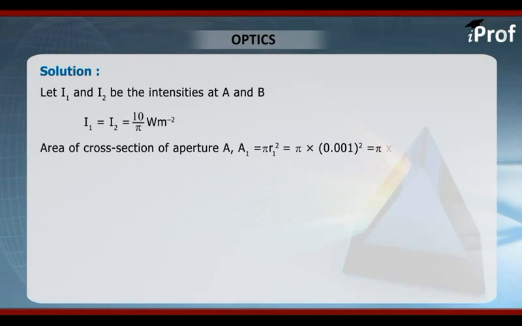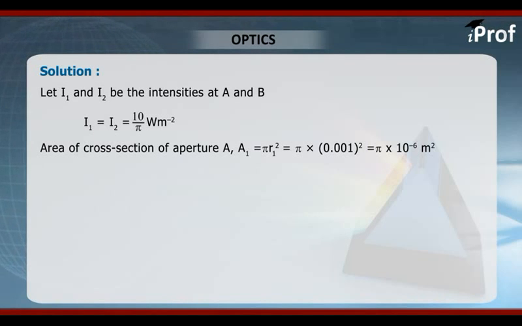Now the area of cross section of aperture A, that is A1, will be pi R1 square, and that will be equal to pi multiplied by 0.001 raised to the power 2, and that works out to be pi into 10 to the power minus 6 square meter.